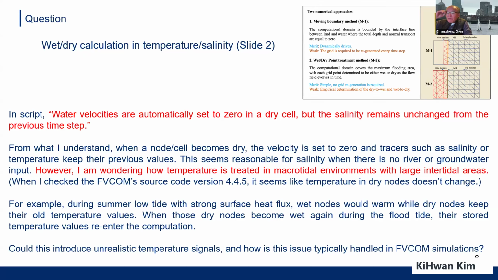For example, near the boundary it is easy to do, but if you flood a whole larger area, you have a previous temperature, but the temperatures before were different. That difference can show when the water becomes wet. But whether the temperature is correct or not, we don't really know.